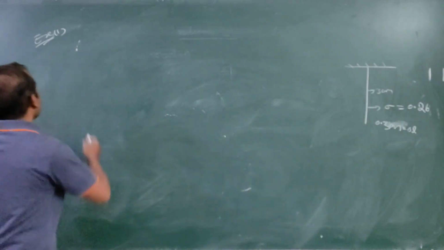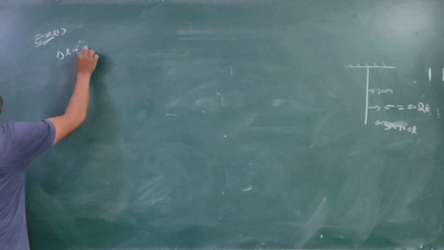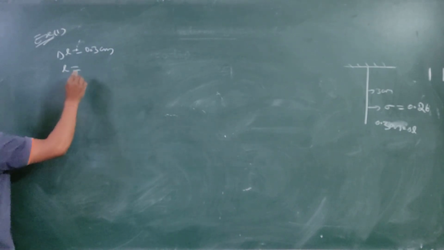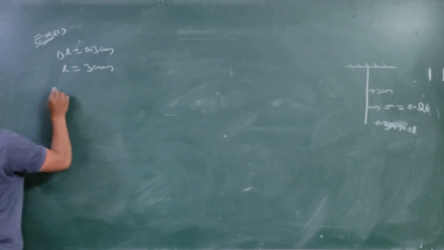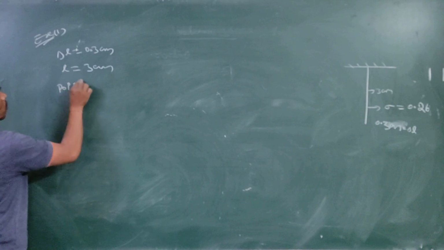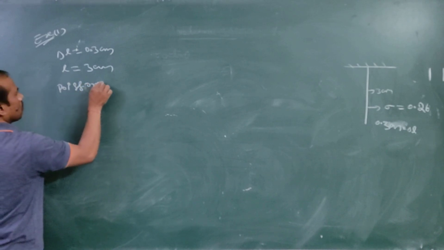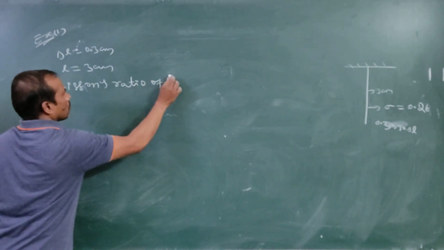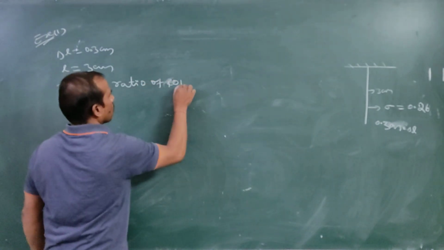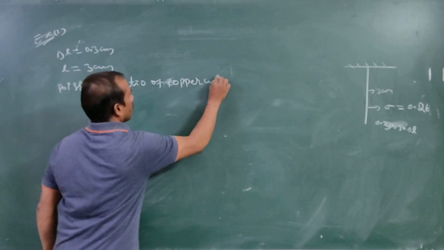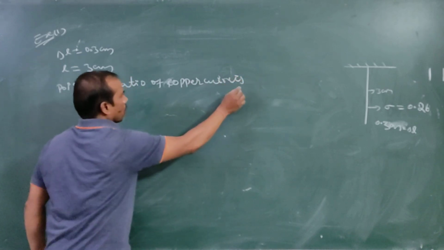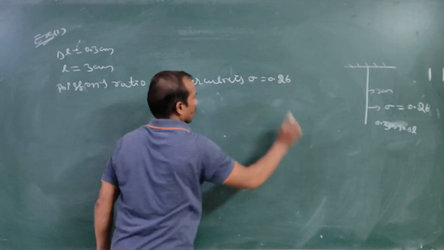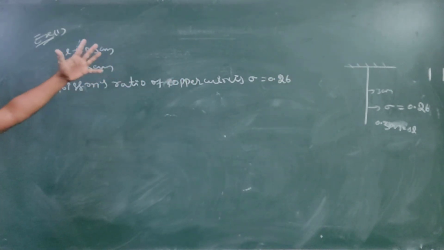Delta L is equal to 0.3 centimeters, and the initial length of the wire is 3 centimeters. The Poisson's ratio of the copper wire is sigma equal to 0.26. It is a numerical number, so there are no units.